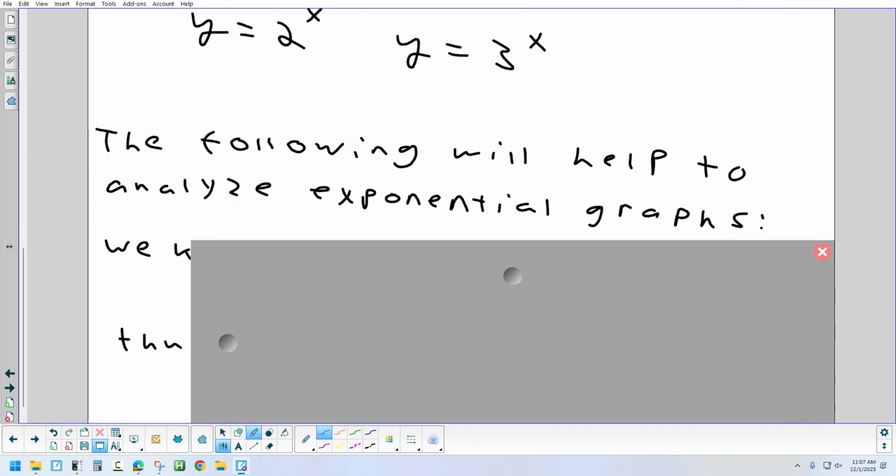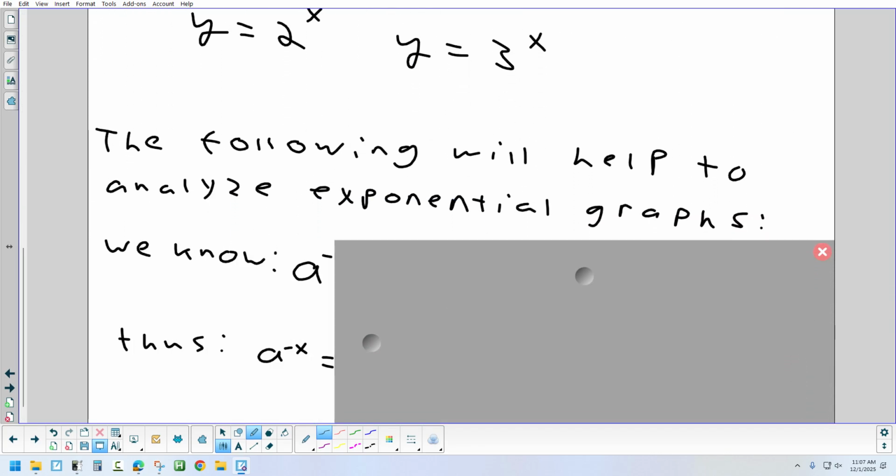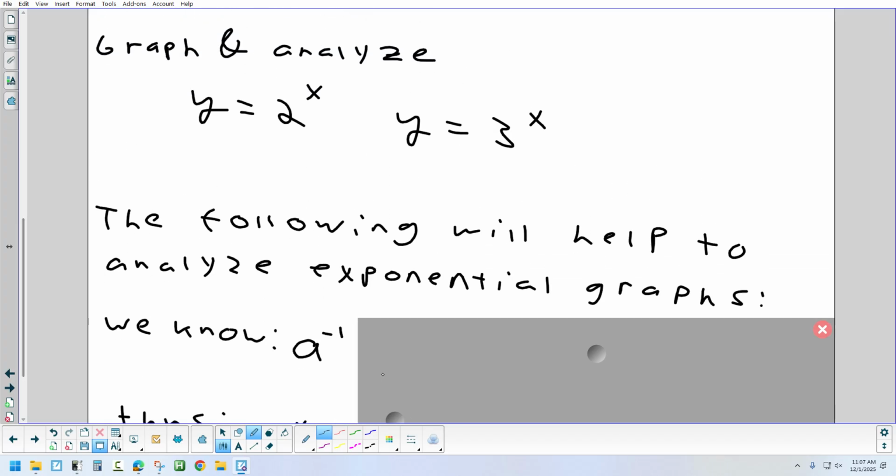What is a to the negative first power? If you were to rewrite that without a negative on the a. Is it a over 1? Not quite.